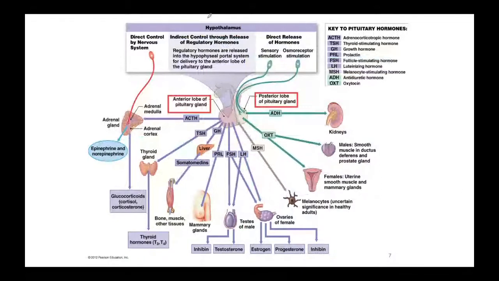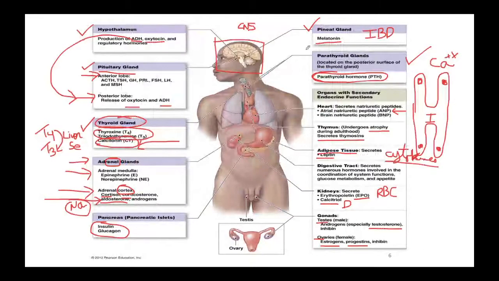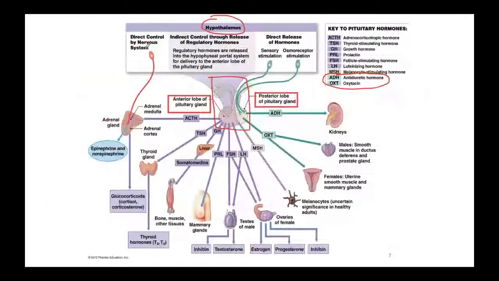And in this portion, we're going to take a look at the connection between the hypothalamus and the pituitary. There's an intimate connection between the two because the hypothalamus doesn't just produce ADH and oxytocin that I said on the other slide, but they also produce regulatory hormones that are released.